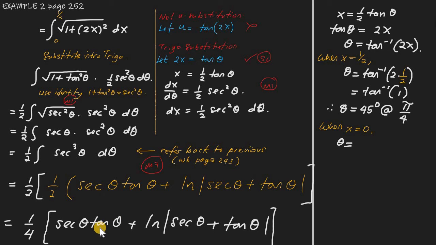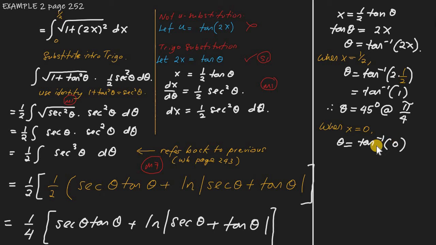Over here you can change tangent theta to x, but secant is quite difficult, especially with the ln. So I think an easy way is to change the boundary in terms of theta like this. Coming back, when x is 0, theta is inverse tangent of 2 times 0, which is 0.